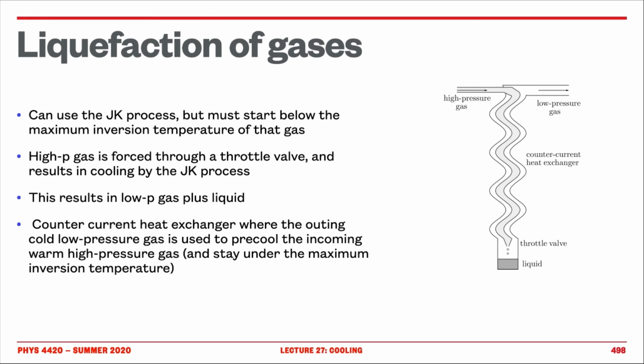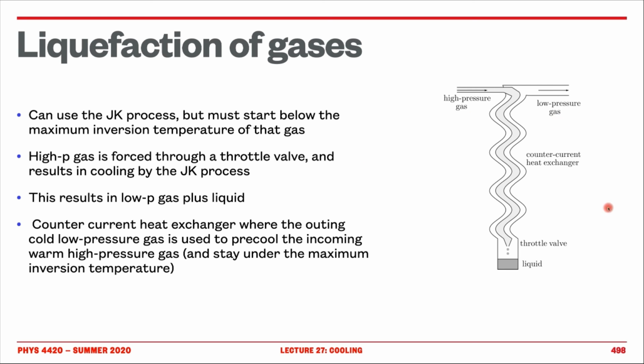So that's nice. Now it turns out that we can even go as far, from the previous graph, as the liquefaction of gas. In the Joule-Kelvin process, of course, we have to start below the maximum inversion temperature so that we do actually cool down. And so we can cool down the gas, and then we can use the cooled gas to pre-cool the gas we start from at a high pressure.